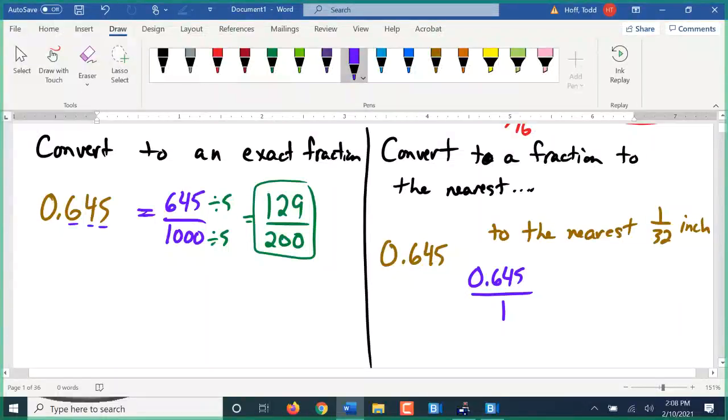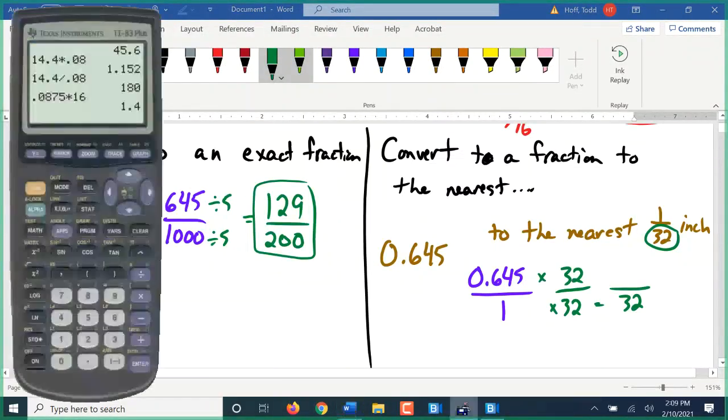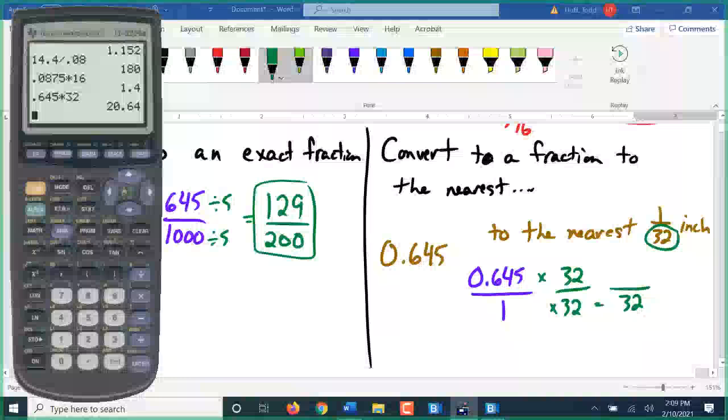Now we have a denominator of 1, and we want a denominator of 32. So to do that, we multiply the 1 by 32, giving us a denominator of 32. We must also multiply the numerator, the top of that fraction, by 32. So 0.645 times 32 is 20.64.